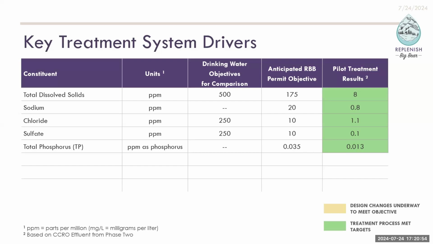That's driven by a lake objective. We got down to 0.013, which is essentially the limit of technology for how far you can get down for total phosphorus. The anticipated objective is on par with probably the most stringent phosphorus objective you find in the country. You can't really get much lower, again, being at the limit of technology there.